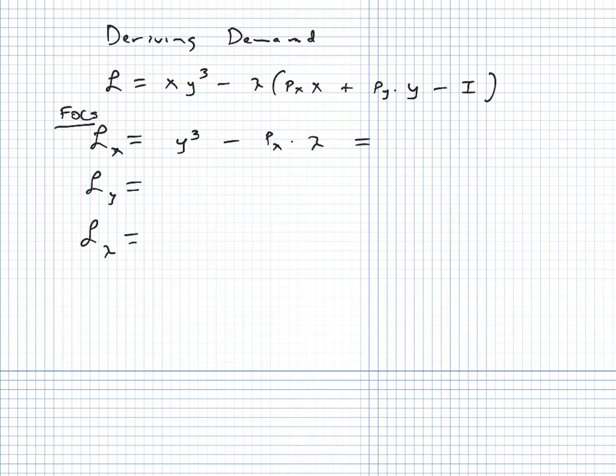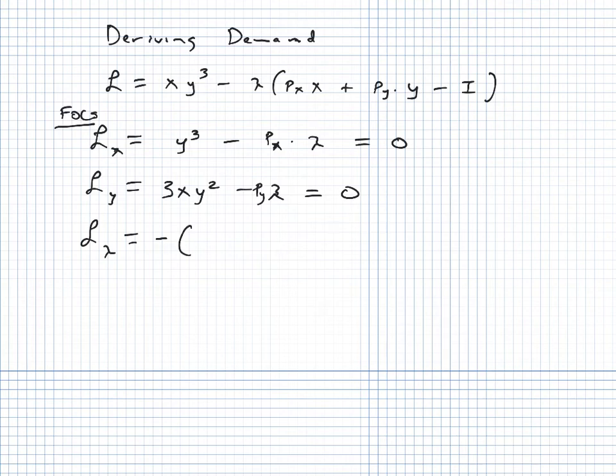So a little bit different than the optimal choice analysis simply because we're leaving that price of x as px and not plugging in a number. We'll take the partial of the Lagrangian with respect to y, get 3x y squared minus py times lambda, and again set that equal to 0.